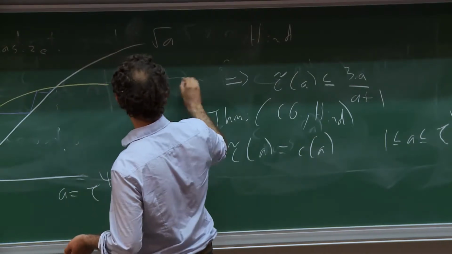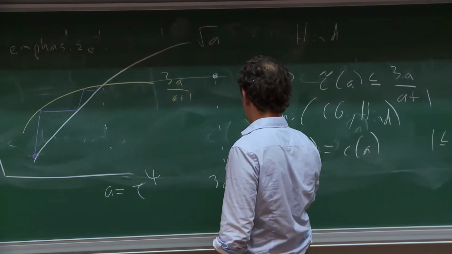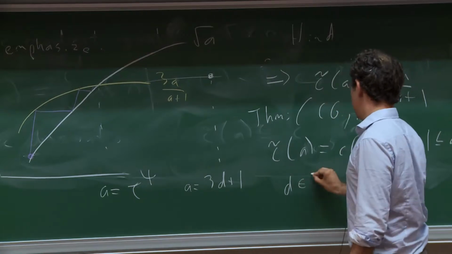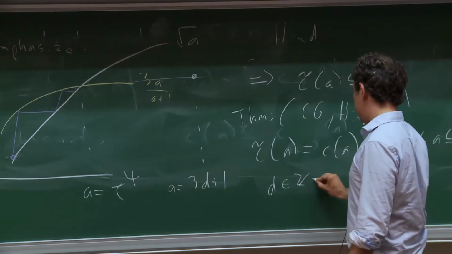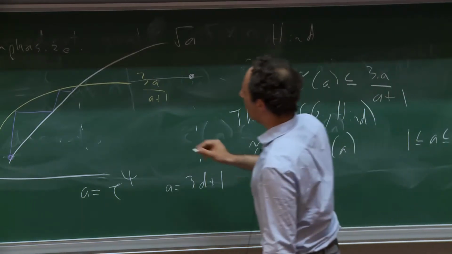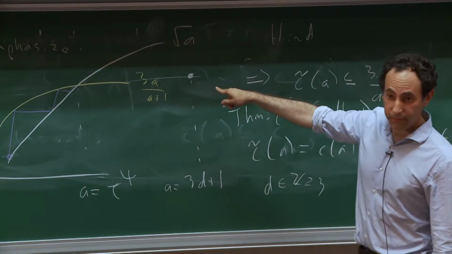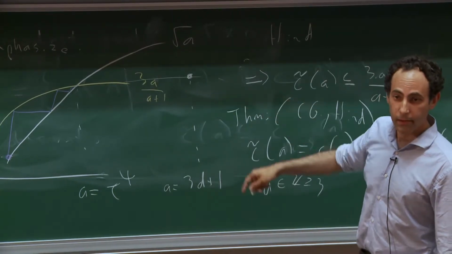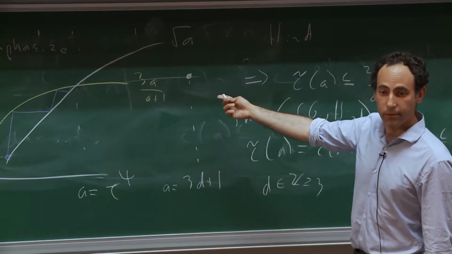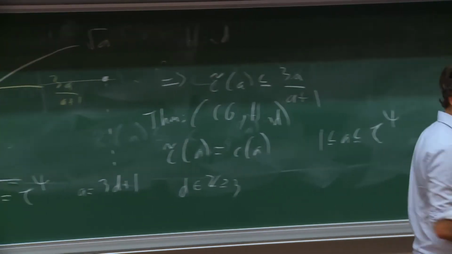So you actually do know, if a equals 3d plus 1, where d is an integer greater than or equal to 3, then you actually do know that these are correct values of C twiddle, and these also don't depend on n. So this is an earlier result due to Hind and really Ely Kerman too. So this is this Hind-Kerman thing.